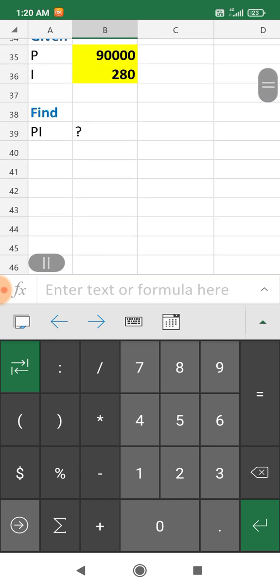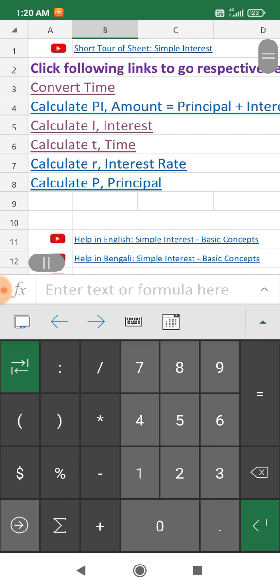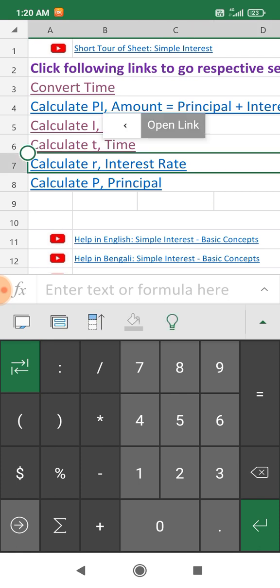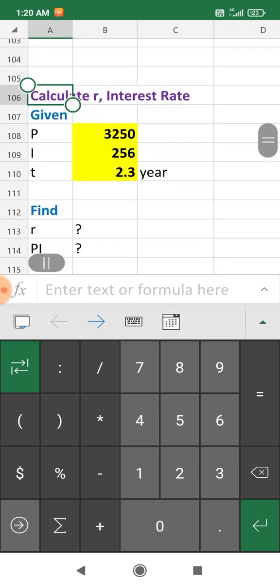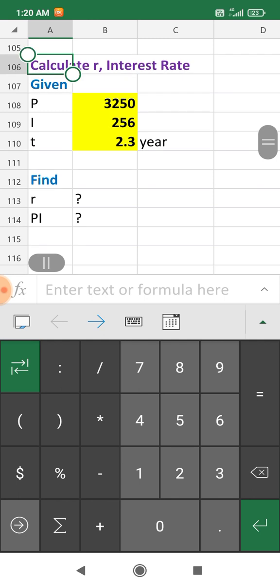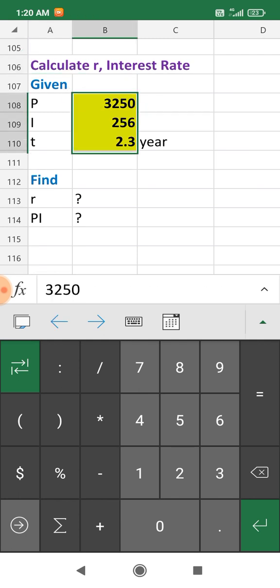Maybe in your question you have to calculate the rate of interest. What should be the rate of interest? In that case, you just click here and open link. You will move to that section. So in that time, these three are given.